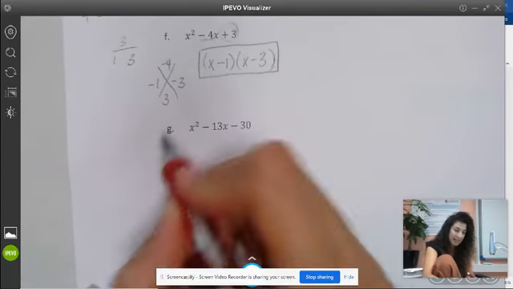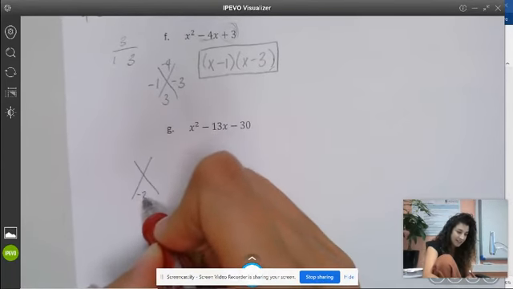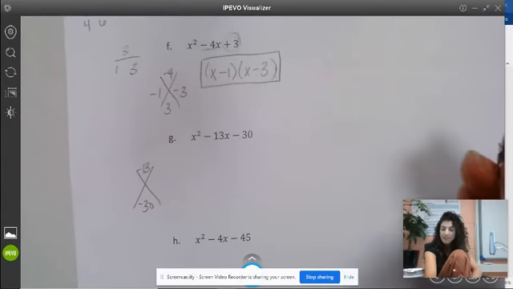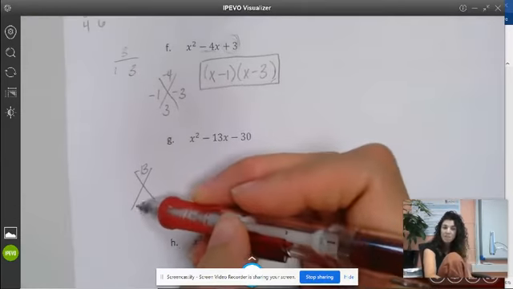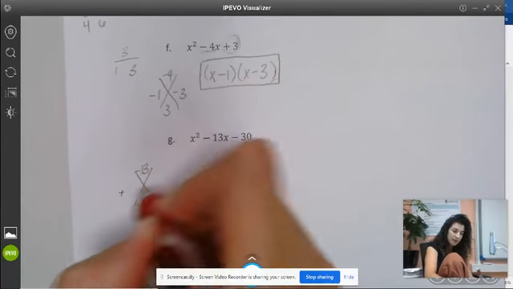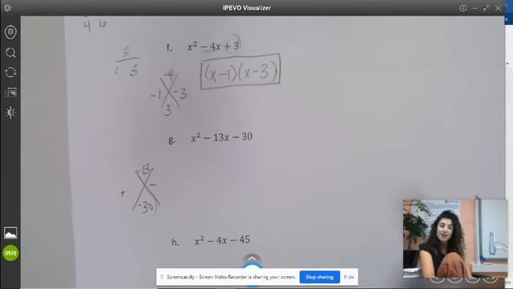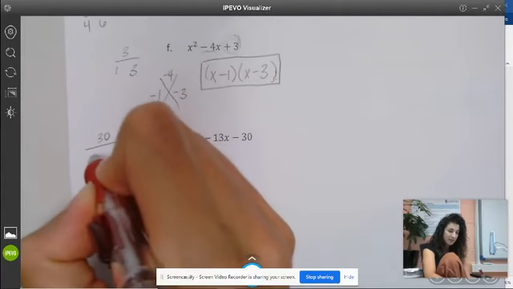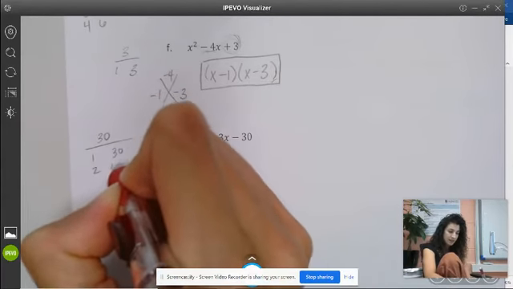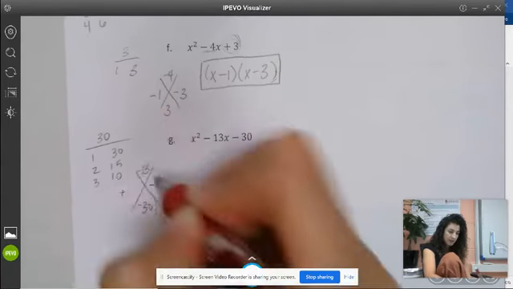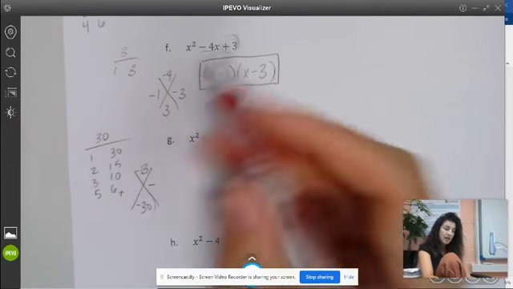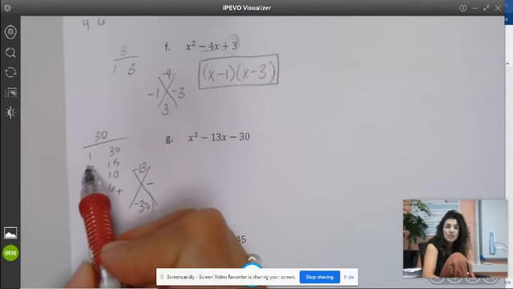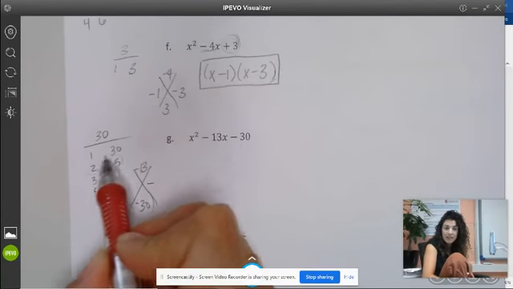Next one, we've got -30 and -13, which means we need one of them to be positive and one of them to be negative for them to multiply to a negative number, which means that their difference then needs to be 13. Of all of these, the one that has a difference of 13 is 2 and 15.